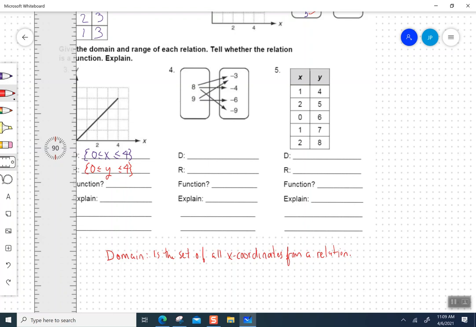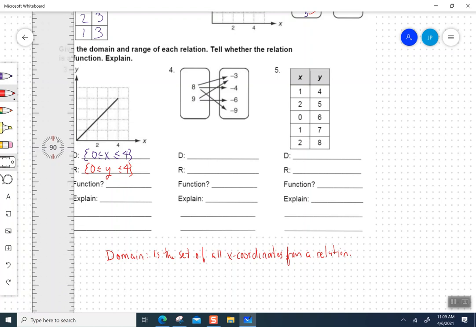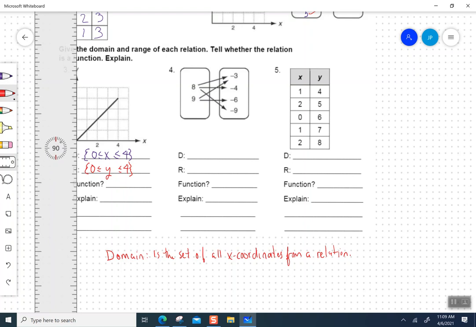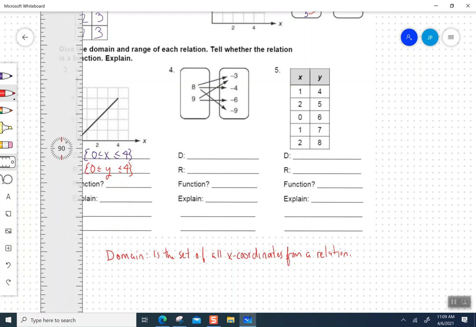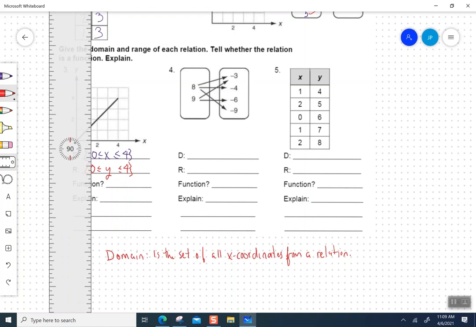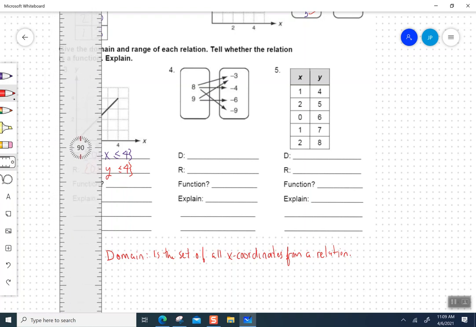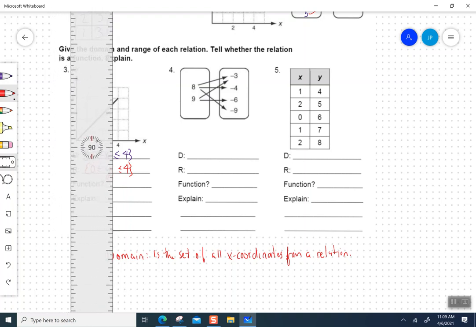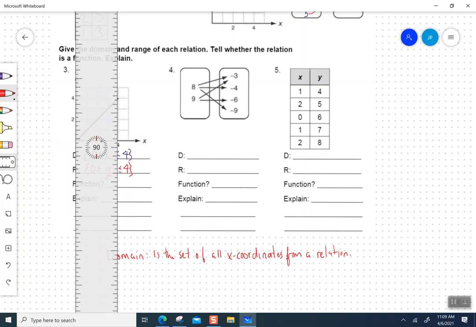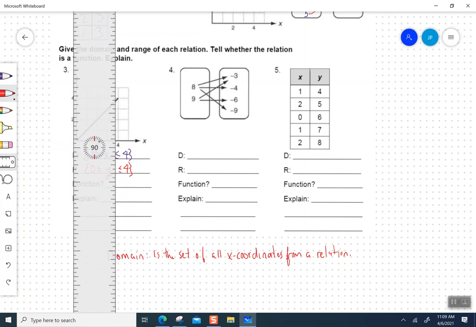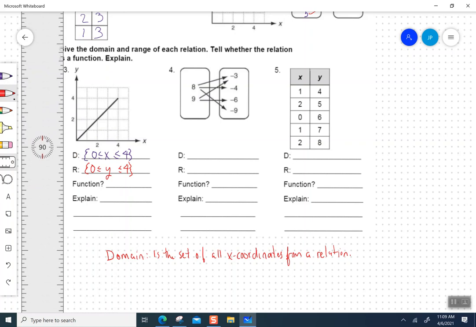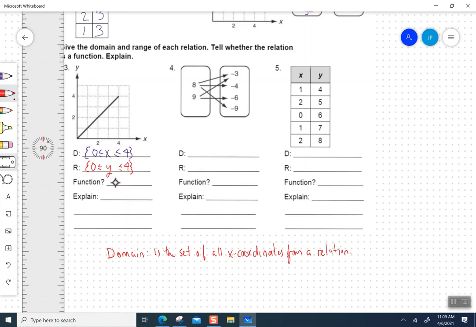Not the Cartesian coordinate system, which is the XY axis, but the actual graph that's on the XY axis. If I run this ruler from left to right, you'll notice it's only touching the line one time everywhere. Only once. And even when I get there, it's only touching it once. Since it only touched it once everywhere, then the answer is yes, it is a function.